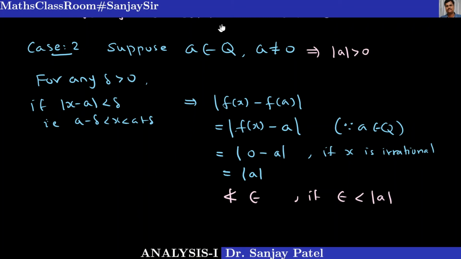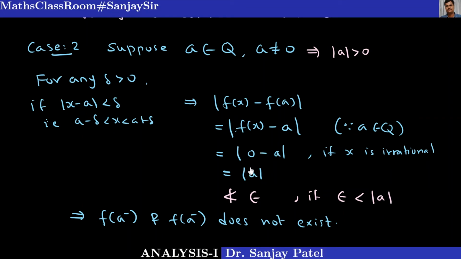So the same conclusion as in the previous example: f(a minus) and f(a plus) both do not exist, because even if you take a minus delta less than x less than a, then again for an irrational number between a minus delta and a, we get the same situation.